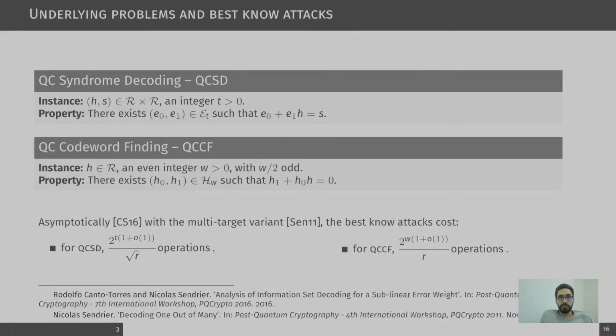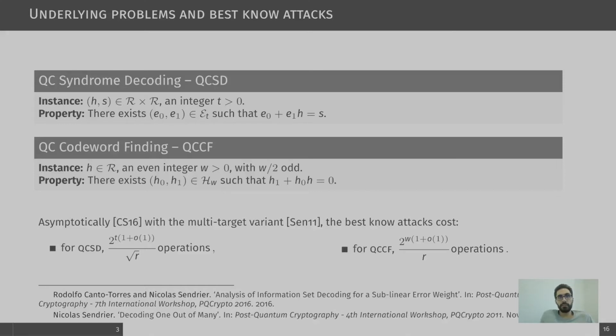The scheme is based on two hard problems on quasi-cyclic codes, which are the quasi-cyclic syndrome decoding problem and the quasi-cyclic codeword finding problem. The first one relates to the security of the message, and the second one relates to the security of the key. The best known algorithms to solve these problems are variants of the Prange algorithm, which is an information set decoding algorithm, and it was shown by Canto Torres and Sendrier that all the improvements of this algorithm have the same complexity asymptotically.